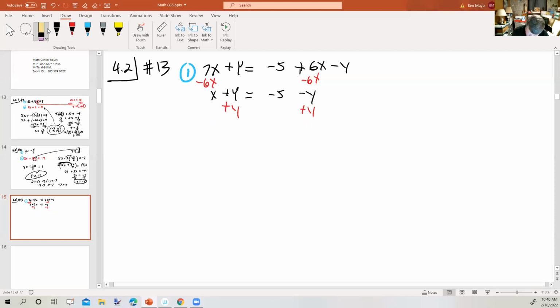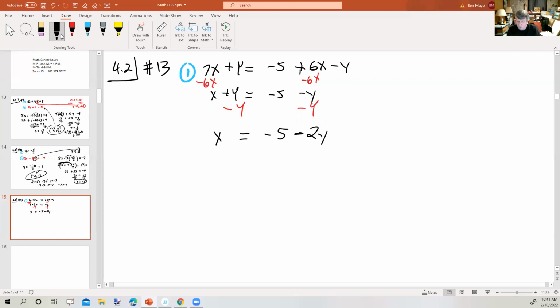Actually, wait a minute, not going to do that. Why not? Because now I've got x plus y equals -5 minus y. Ultimately, I want to solve one equation for one unknown. So how about if we do this? We subtract y from both sides, and now I have x equals -5 minus 2y.